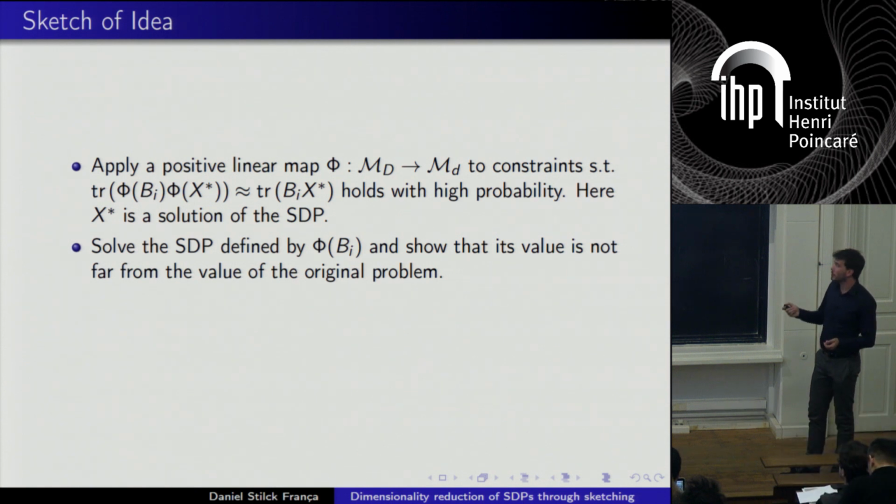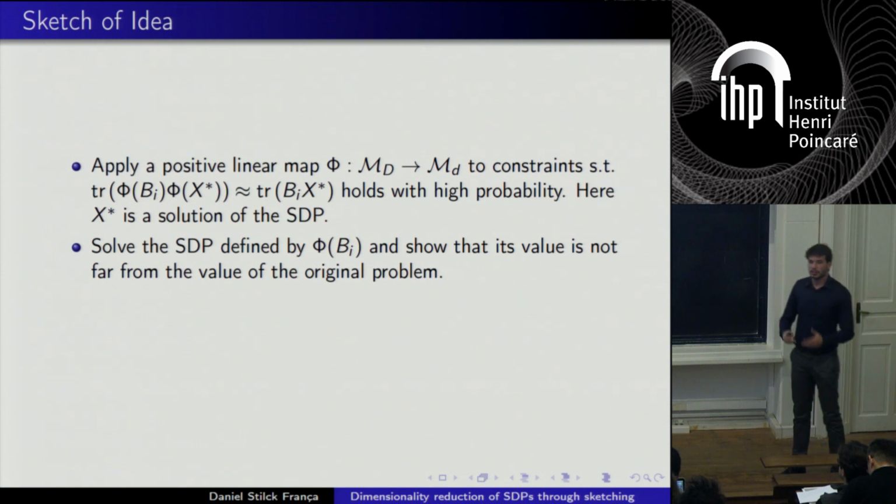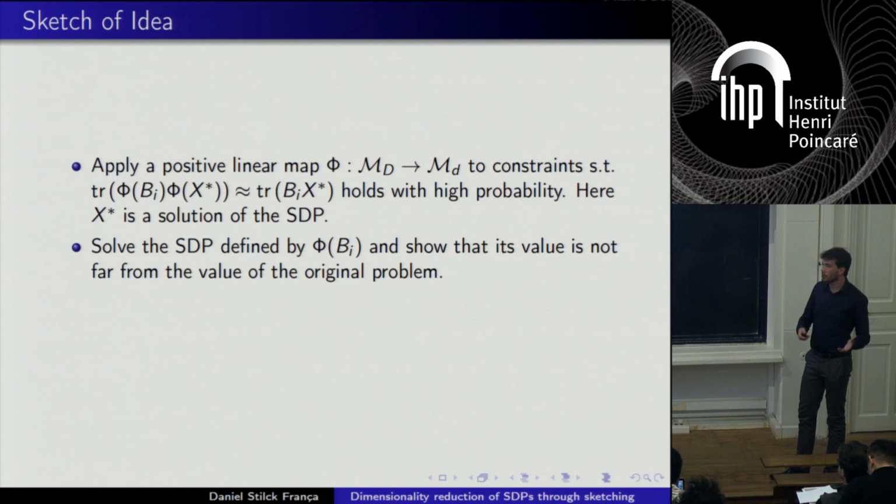We will refer to these as the sketches, because they supposedly preserve the essential features of your constraints but are smaller or simpler. And we hope that by solving the SDP we get from these smaller matrices, we can still say something about the value of the original problem.